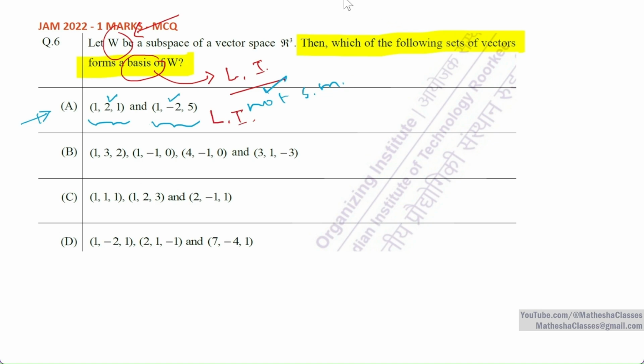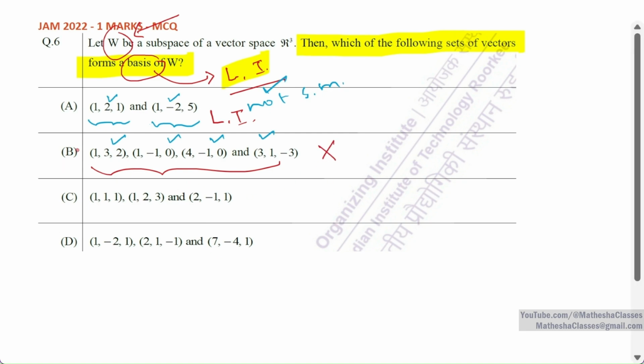Let us move to the next one, option B, where we have been given four vectors. Now they are asking, can it form a basis? So it boils down to the question, is it a linearly independent set? The answer is no. We have just learned that if there are more than three vectors in R3, they can never be linearly independent. So definitely B cannot be a basis.